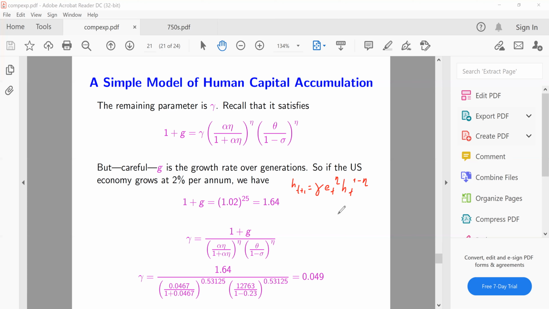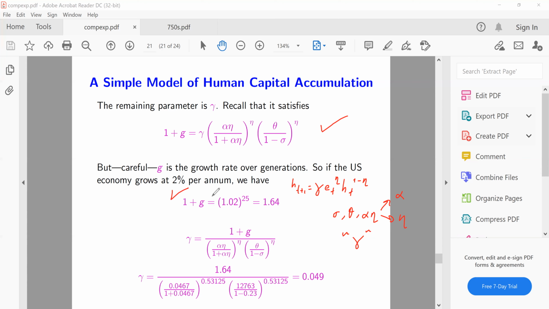So now I have sigma, I have theta, I have alpha eta, and I can know alpha and eta if I know further information. So the last parameter is gamma, okay? And we calibrate gamma using the growth rate of the economy, right? So we know that in the US, the long run growth rate is around 2% per annum, okay?